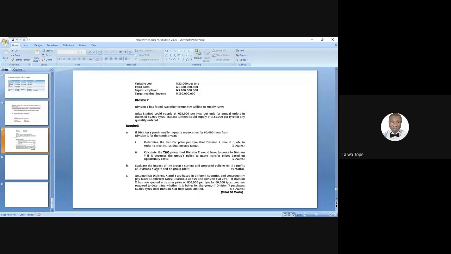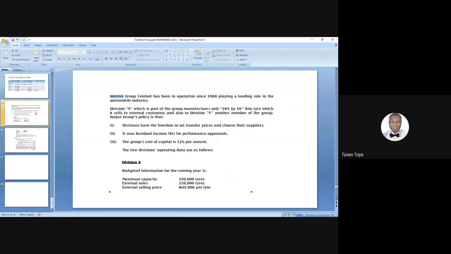When you measure performance on profitability, return on investment, or target-based performance, there can be an issue of suboptimality, whereby a divisional manager will try to window dress his account and profits so that they can meet the expected targets. So it can affect the overall performance of the business because division Y has other options.